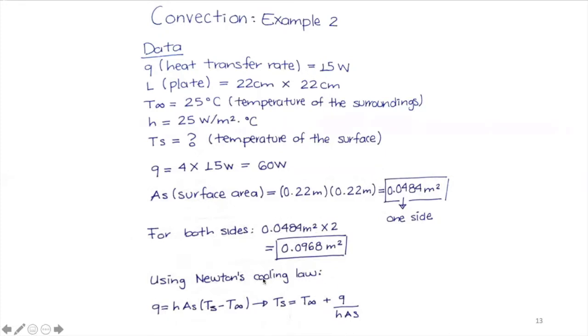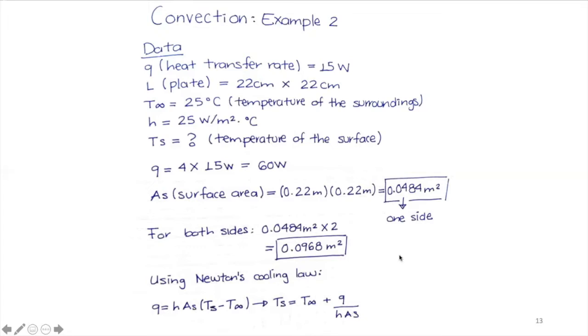So this is how the equation looks, right? We just take TS, the surface temperature, out of Newton's cooling law. TS, or T surface, equals T surroundings plus heat transfer rate divided by the convective heat transfer coefficient multiplied by the surface area. The surface area is the number that is going to change.